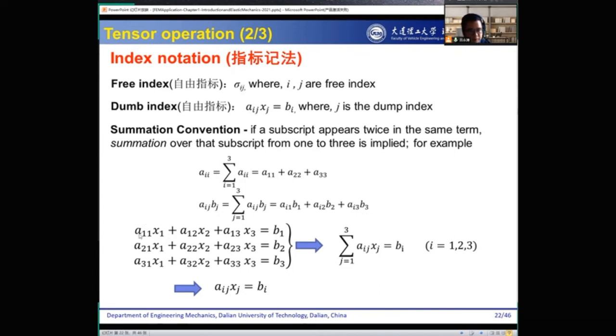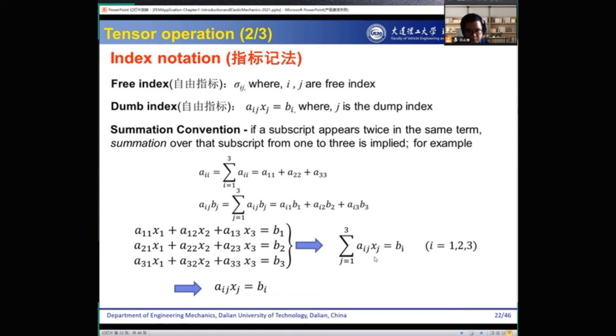But if we look at the same equation, we see x1, x2, x3, which means they are doing the summation. So the index for the x variable is a dummy index. So we have xj, the dummy index, which means we need another j in the same term. So we see A11, A12, A13, so the second number is also doing the summation.